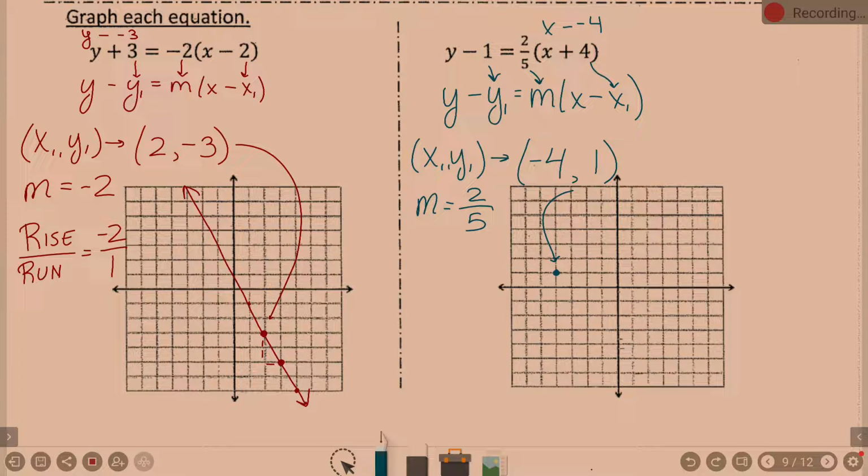What's my phrase for slope? Rise over run. So from this point that I already graphed, I'm going to rise 2, run 5. What does a rise 2 look like? Up 2. What does a run 5 look like? Over 5.